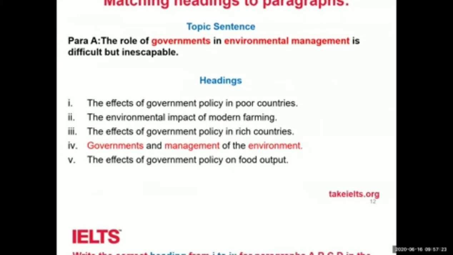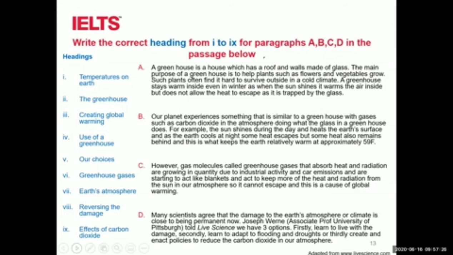Great. Before we actually look at this example, which comprises 4 paragraphs, paragraph A, paragraph B, paragraph C, and paragraph D, which comes with 9 particular headings, I want to focus on the notion that, as I mentioned earlier, you need to be able to follow instructions when answering all of the question types in the IELTS academic reading.